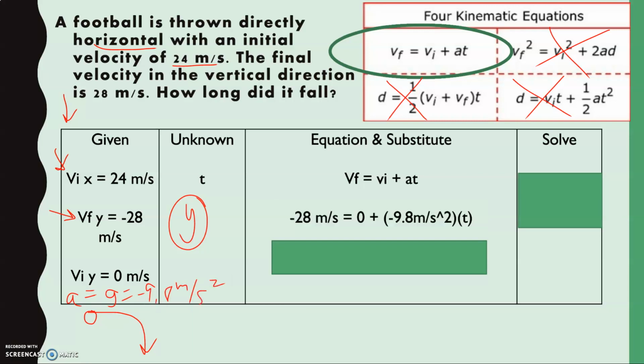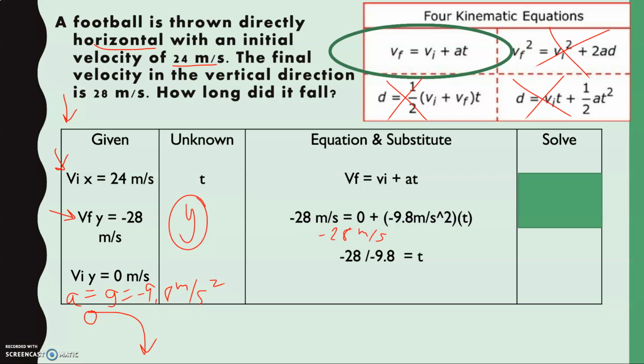All right, so once we plug in, our final velocity we said was the negative 28 meters per second, equals our initial velocity, we started out at 0, plus acceleration, or gravity, negative 9.8, times time. So now we can solve for time. So once we simplify, we would have a step in between if you need to see this.